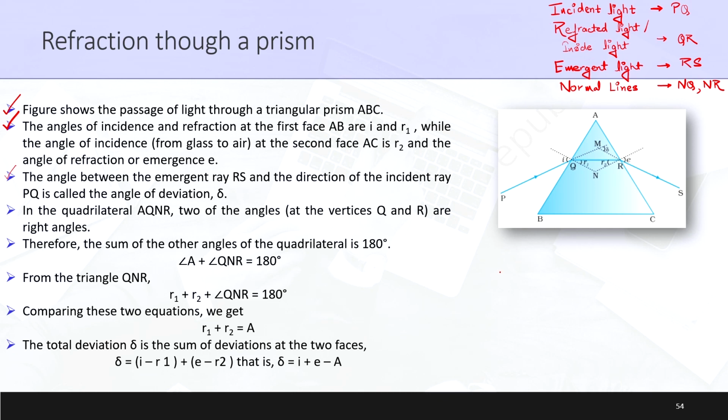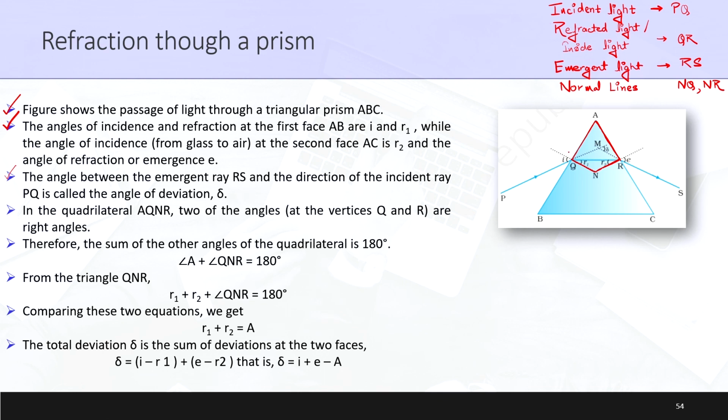In the quadrilateral AQNR, two of the angles, that is at the vertices Q and R, are right angles.